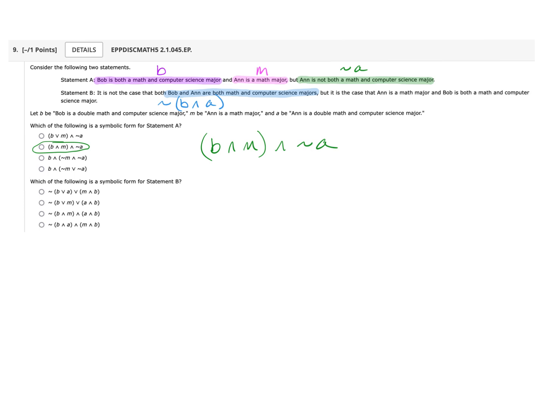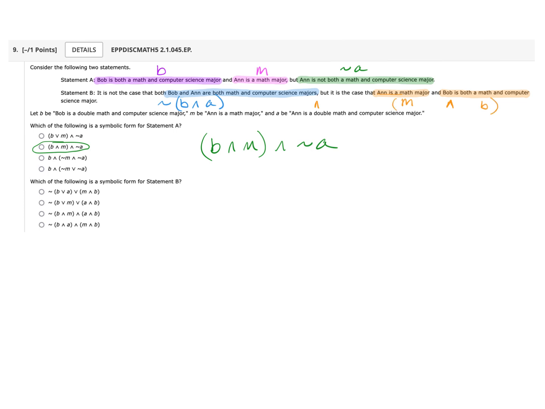So it is the case that Ann is a math major, that is M, and Bob is a double major, that is B. It is the case that both of those are true. So that's an and in between there. And but also we treat as an and.